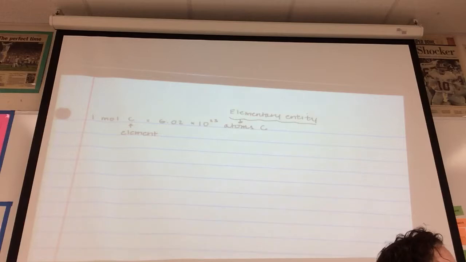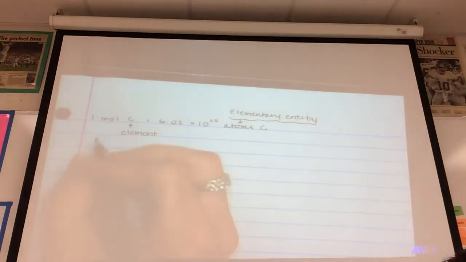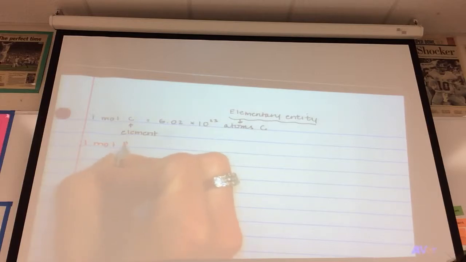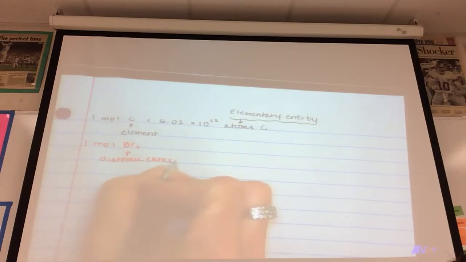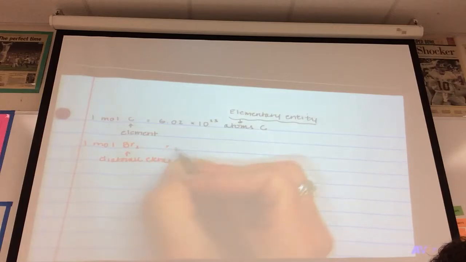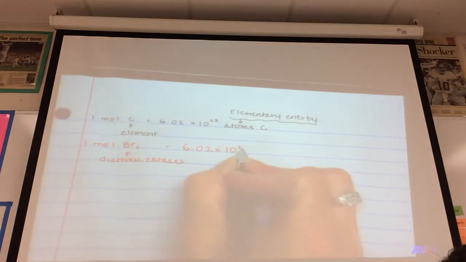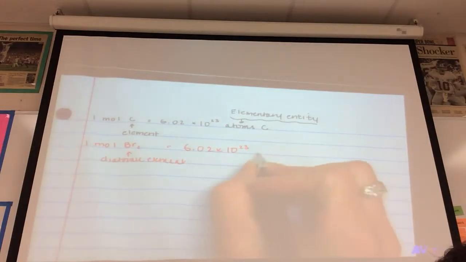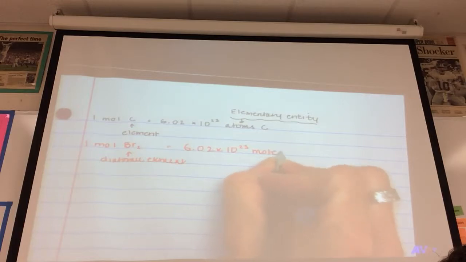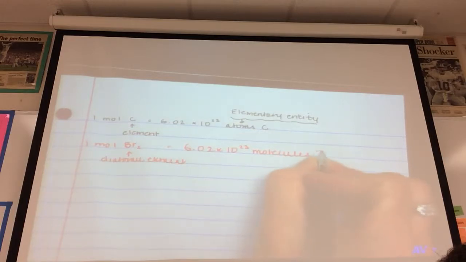If, for example, you had a diatomic element, that's also equal to Avogadro's constant, but now you're going to have molecules.